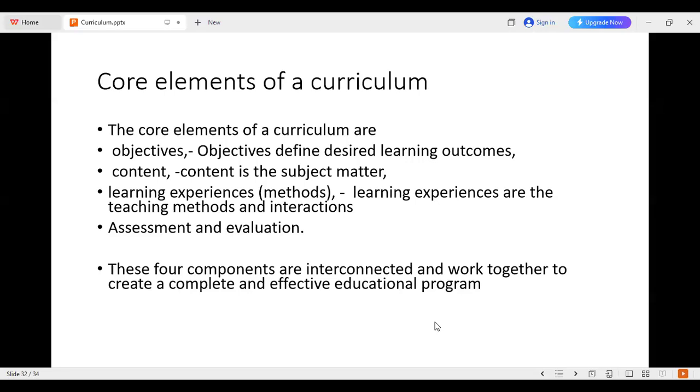Objectives define the learning outcomes. From time to time we use different names: objectives, specific objectives, competencies, competency level. If we go through our country's curriculum, syllabus, guidebooks, you can get this.